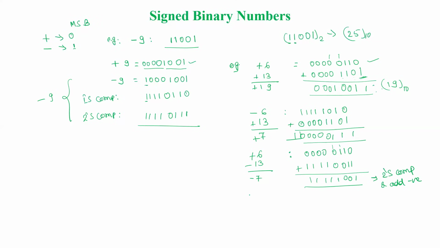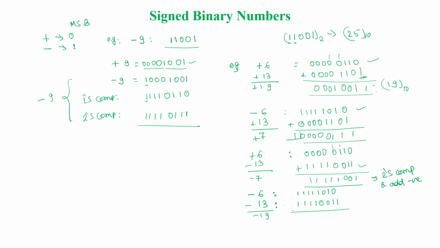Similarly, if you have both numbers negative, minus 6, minus 13, we have to take the 2's complement of both numbers. Minus 6 we have already written earlier, so this is the 2's complement value: 1, 1, 1, 1, 0, 1, 0. Minus 13, just now we have written: 1, 1, 1, 0, 0, 1, 1.